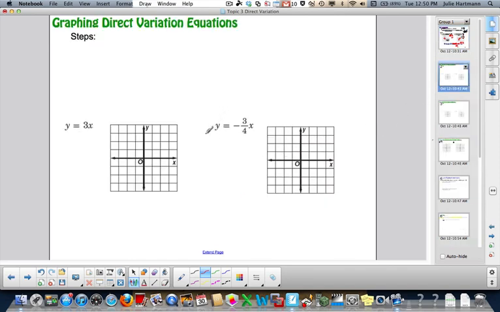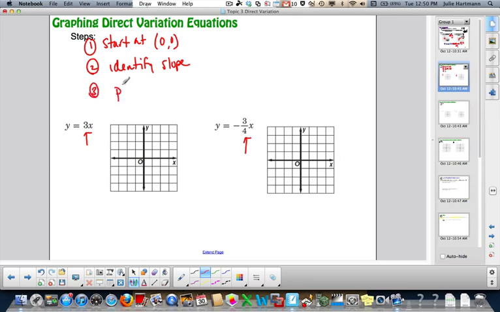The steps to graphing, we know we go through the point 0, 0. So you're going to start at 0, 0. We have to identify the slope. Okay, if you recall from the last slide, the slope is the number in front of the x. And then plot 0, 0 and count rise over run.